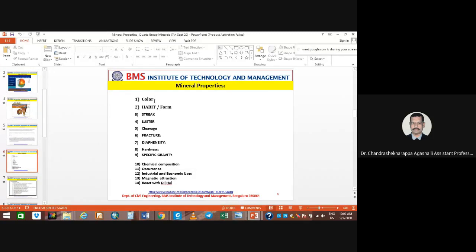First one is the color, how it looks, the mineral color, and habit or form, how it is in shape. What is shape in the sense it may be bulky or it may look like crystals, or it may be any other shapes. Okay, that's called form. And the streak, what do we mean by the streak?